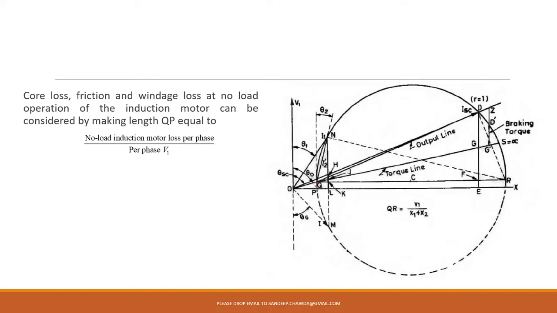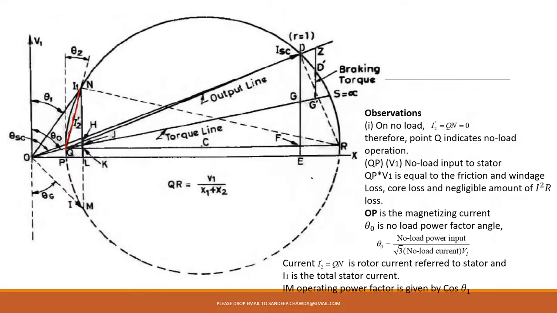So QP is giving this one, and when you multiply it with V1, it is going to give you the no load input to the stator, and that gives you friction and windage loss. Already we have seen this line OP in the previous case, where it was the magnetizing current. So here OP is going to indicate the magnetizing current.